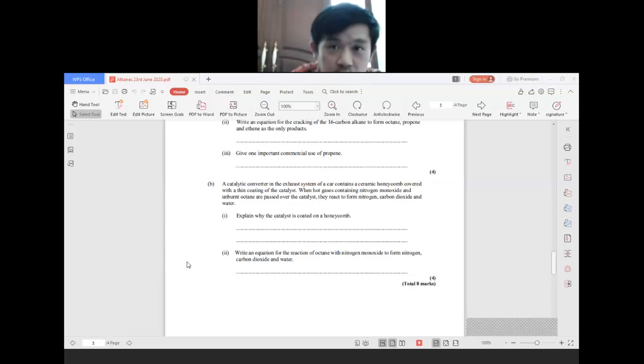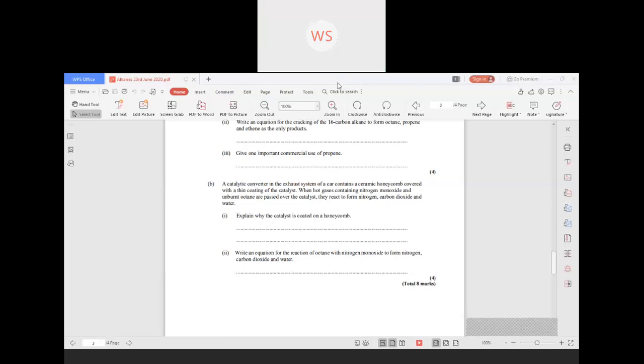So the equation is C8H18 plus 25 NO, 25 moles of nitrogen monoxide, to form 8 moles of carbon dioxide plus 9 moles of water and plus 25/2 nitrogen gas.